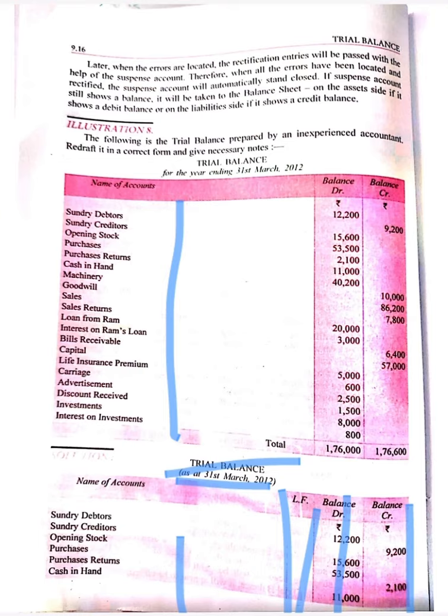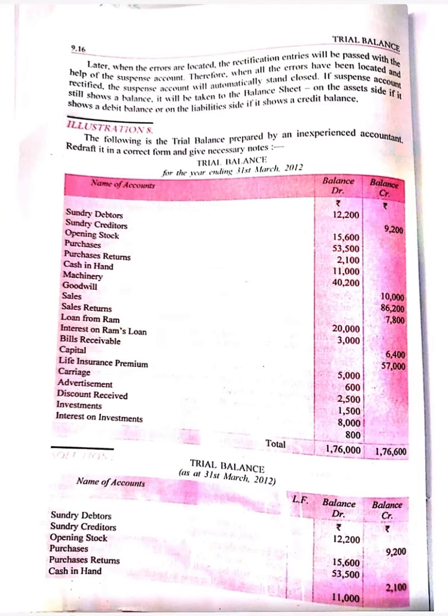Interest on Ram's loan, it's an expense, it will be debited. Bill receivable, asset, debit. Capital, liability, credit. Life insurance premium, expense, debit. Carriage, debit. Advertisement, debit. Discount received, income, credit. Investment, asset, debit. Interest on investment, it's also an income, so it will be credited here.